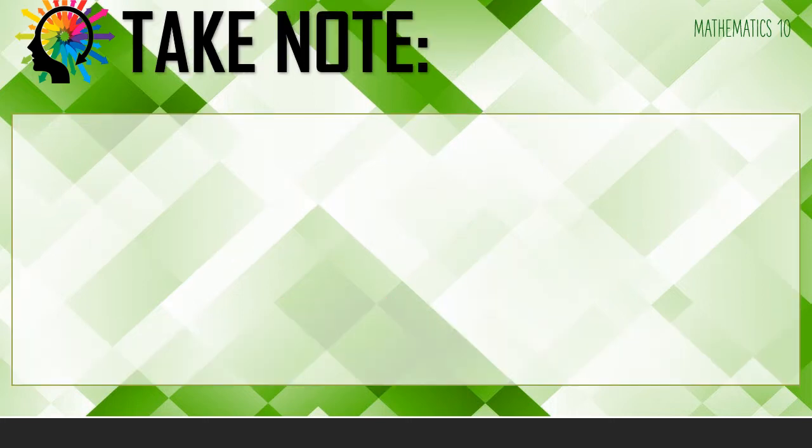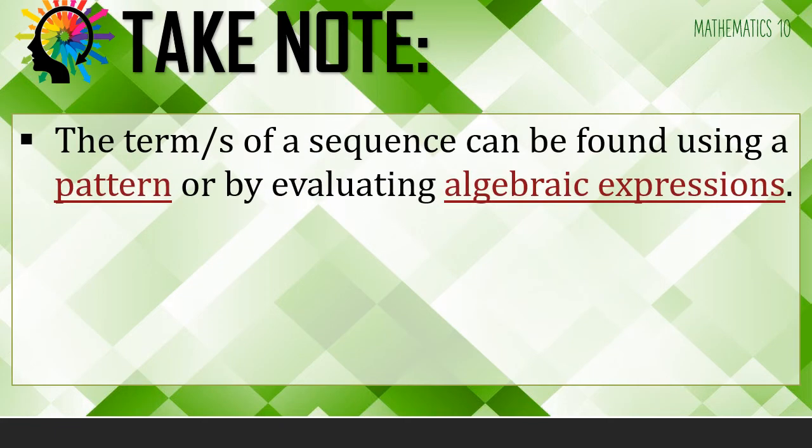Now I would like you to take note of the following information. The term or terms of a sequence can be found using a pattern. By simply observing the pattern, you will be able to get the terms in the given sequence.